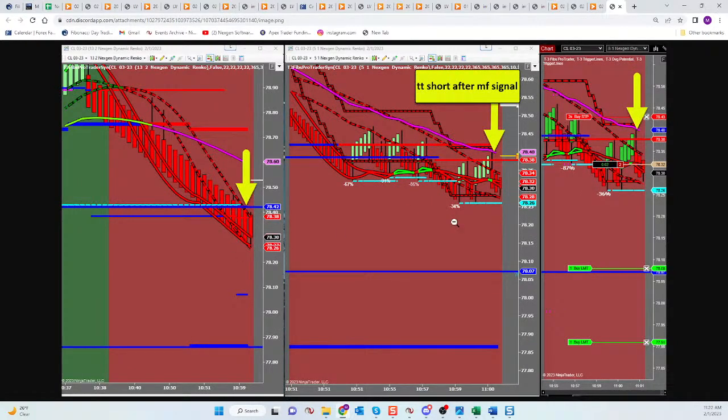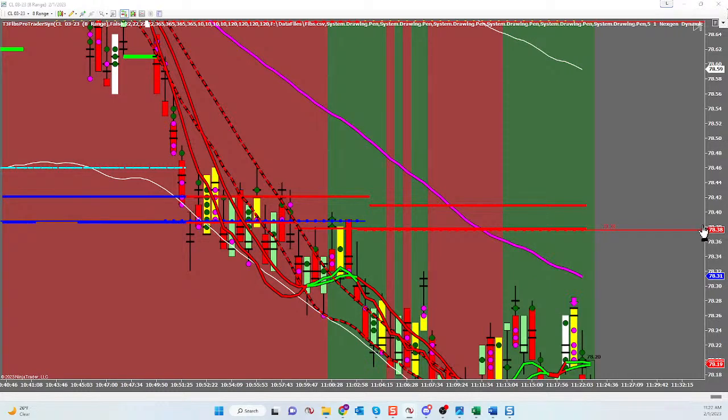When the trigger's clear, that 38 area is the area that I really expect to hold. So right here at that 38 area, he gets a reversal bar signal right there. So when he has every advantage but wants just a little bit of confirmation, he's willing to spend a couple ticks with that confirmation. Does that make sense?